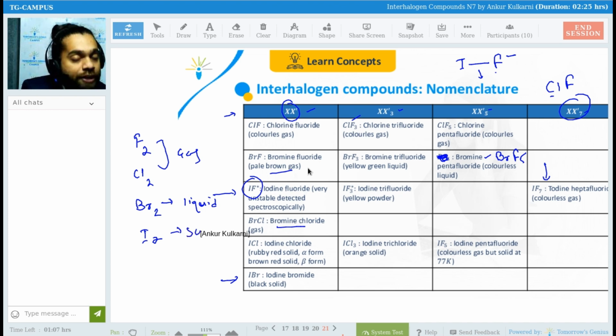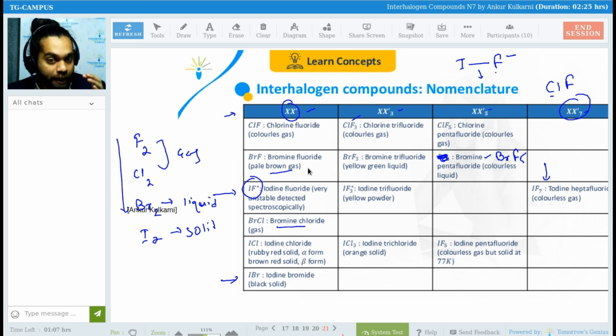So what happens when you go down the group is that the size and everything increases. Over here you will also notice that as the molecules become larger, we are going from gas to solid. For example, iodine bromide: iodine is large, bromine is also large, so iodine has its effect.